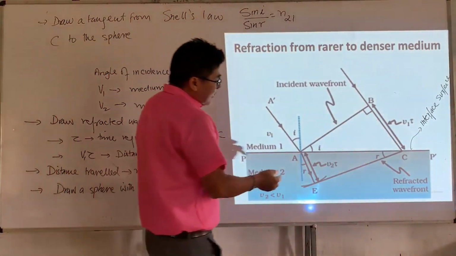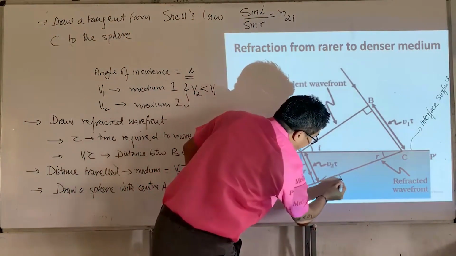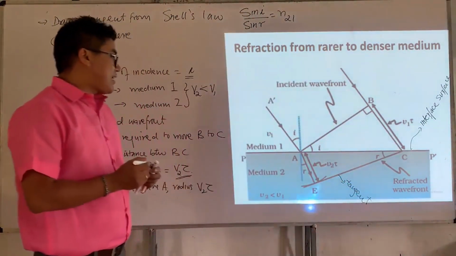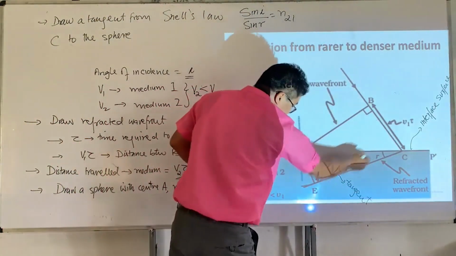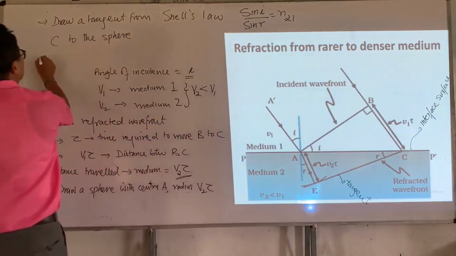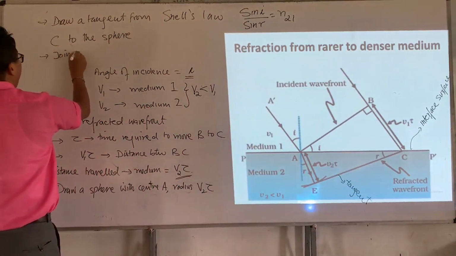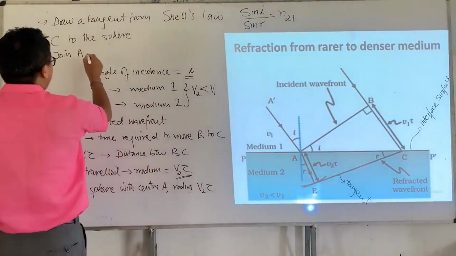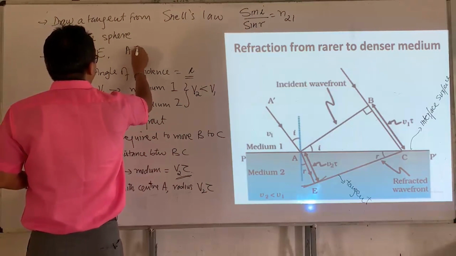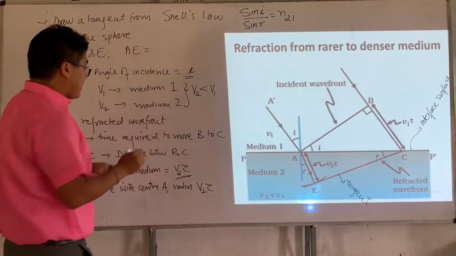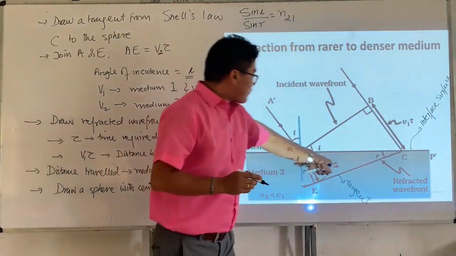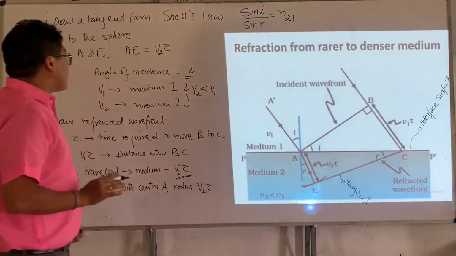Once I draw a tangent, this is the tangent, right? And once you draw the tangent, then you join A and E. And then I say the distance between A and E is equal to V2 tau. And this is what we call the refracted wave front.